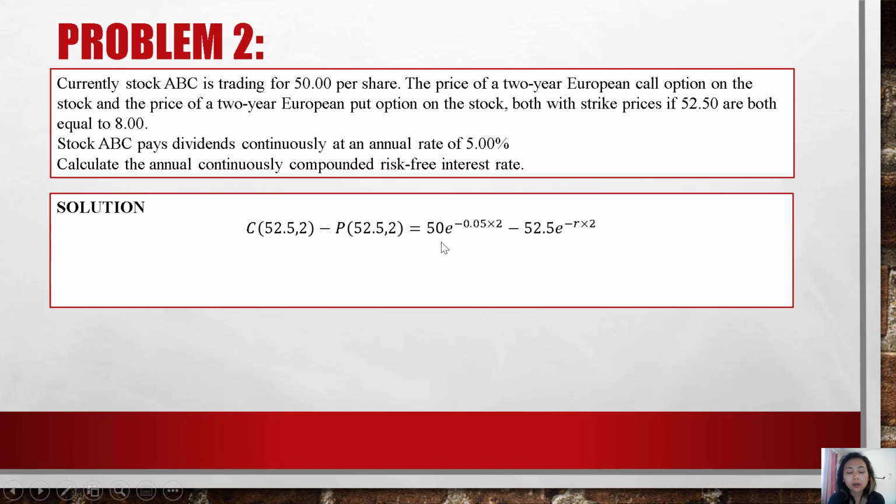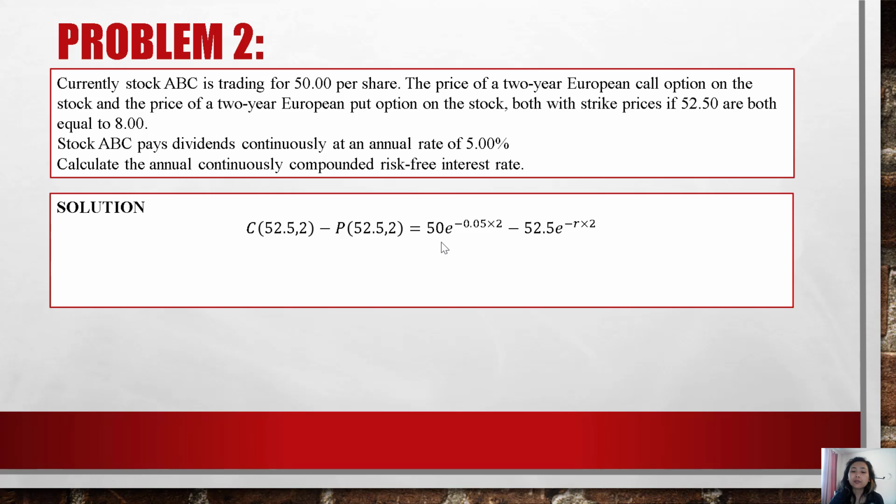Now using put-call parity, we got 50 times e to the negative 0.05 times 2, minus 52.5 e to the negative r times 2, because here ABC pays dividends continuously at the annual rate 5%.